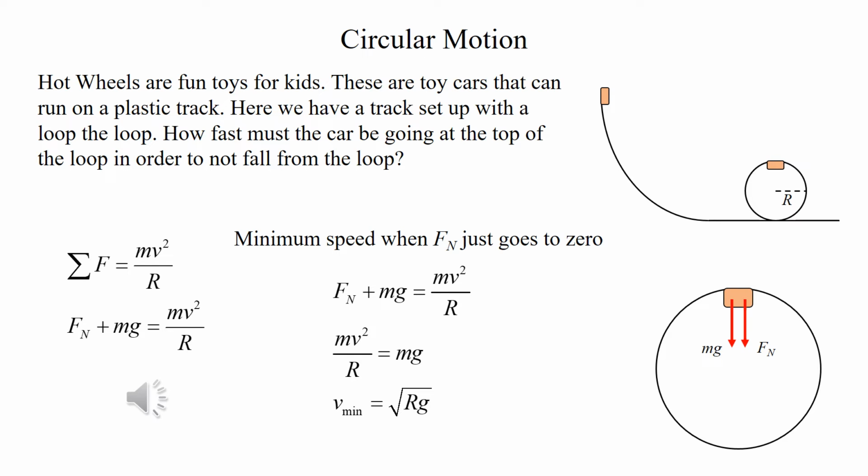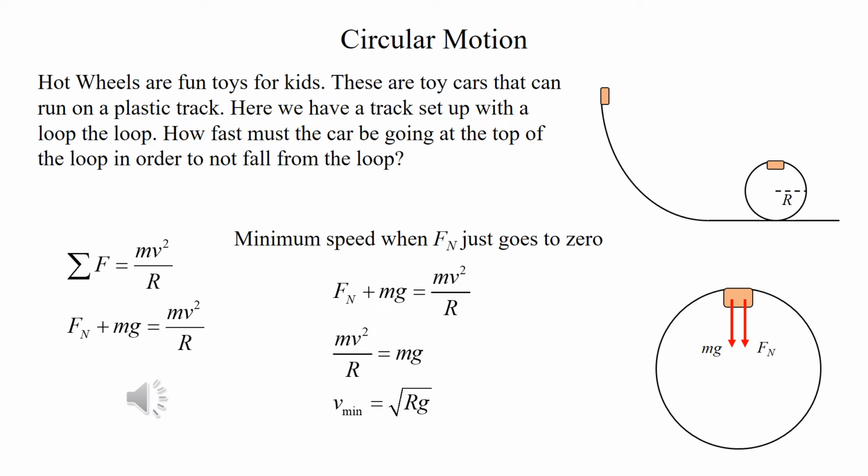And since we're moving in a circle, we have an acceleration toward the center of the circle, which is our centripetal acceleration. The centripetal acceleration, of course, we write as v squared over r. So Newton's second law, sum of the forces equals ma. In this case, a is v squared over r. So we have the normal force plus the weight equals mv squared over r.